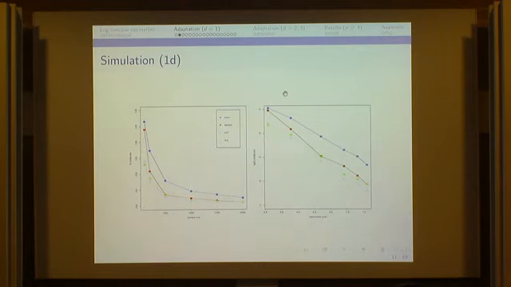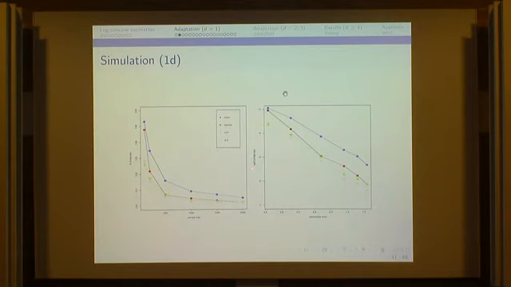I iterated the calculation 30 times, because sometimes the results are not very stable. Of course, it's all random. So I took the average of those values and plotted them here. The left plot is sample size versus KL at data loss, and we can see that normal is the largest and the others are a bit smaller. But I also plotted the log of sample size versus the log of KL at data loss.